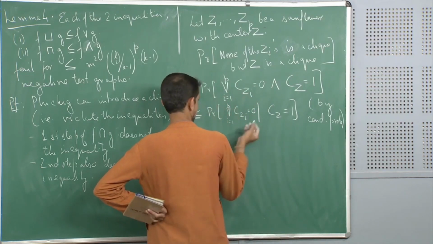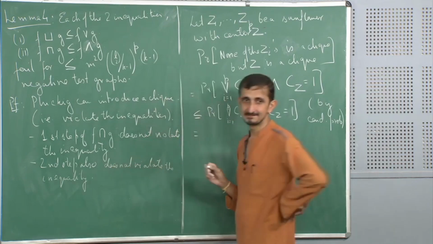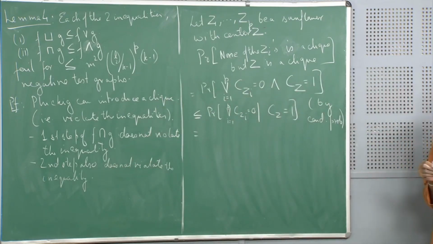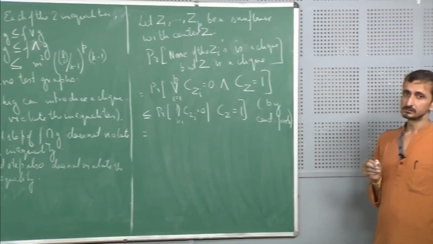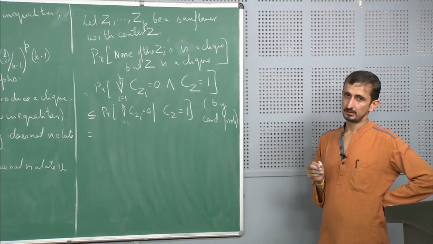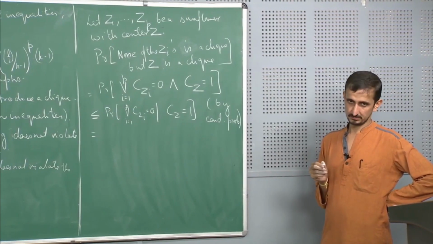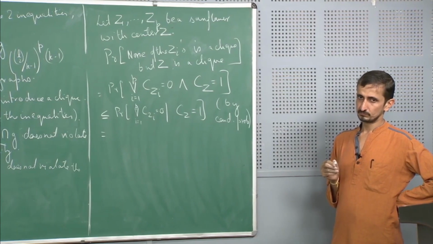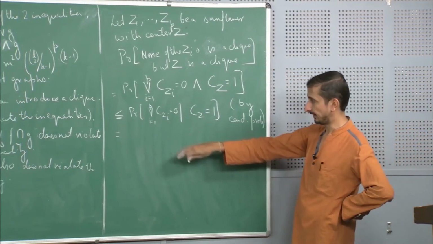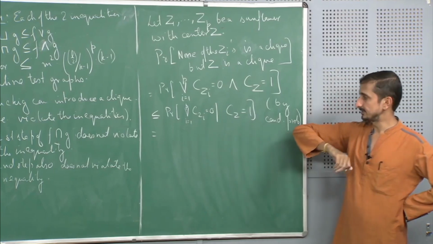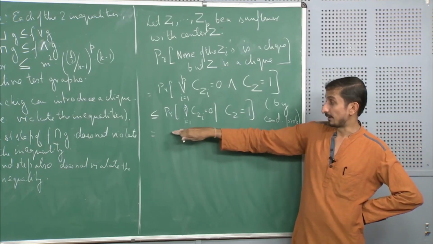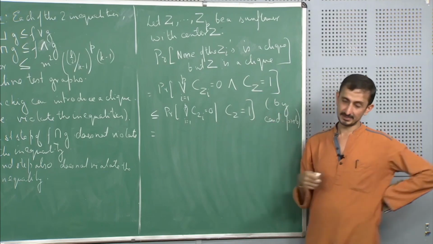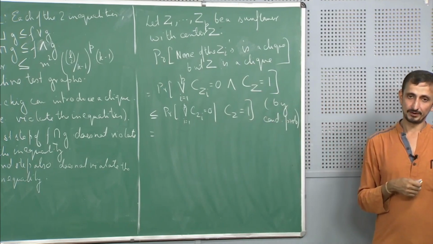So therefore, I can write. We should use the fact that these form a sunflower, so there is no common point among the different Zis once we remove the center. Yes, correct. The fact that these Zis form a sunflower means that if I remove the center, they do not have any common point.